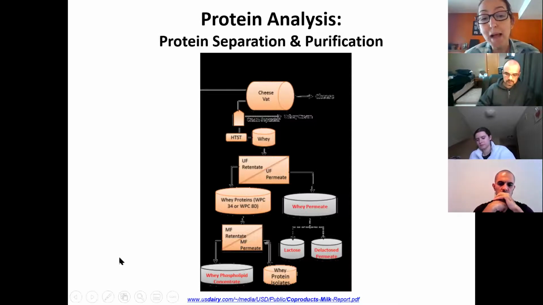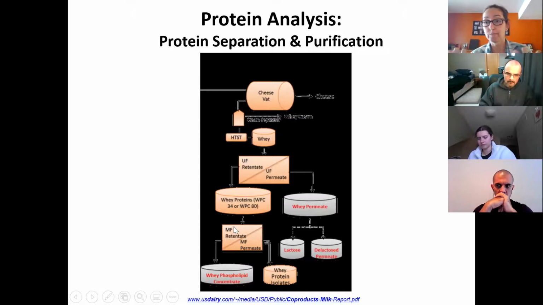I do microfiltration here. So the protein is going to go through. But anything that was retained in the ultrafiltration that is bigger than the protein, the fat globules or aggregated proteins, large molecular weight proteins that are aggregated, will be in the retentate.